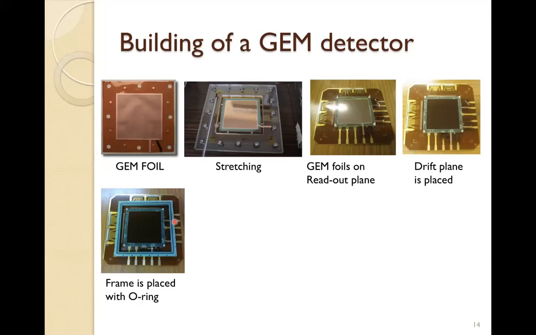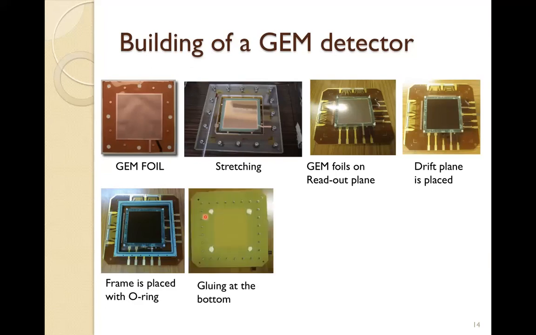At the bottom the 4 screws are inserted, but this chamber itself will be gas tight. So I need to use araldite to seal these holes, because of the support pillars, that means these plastic screws.